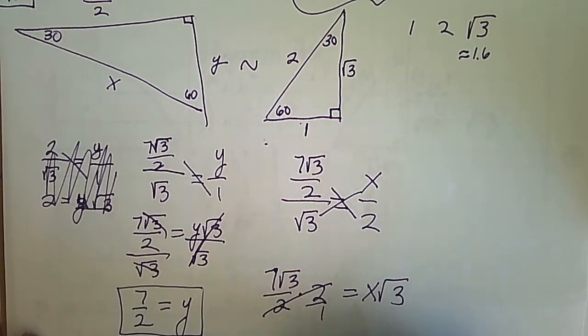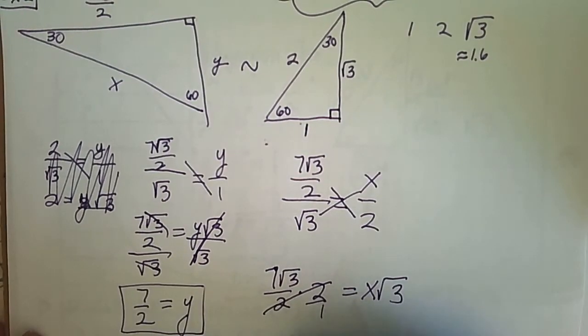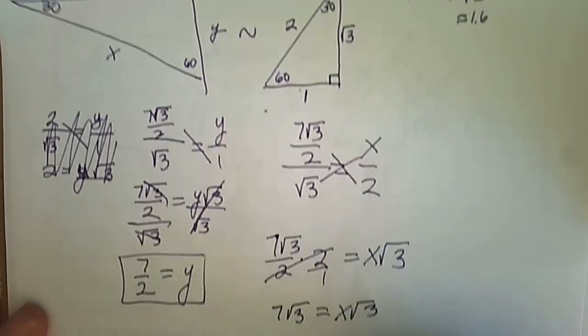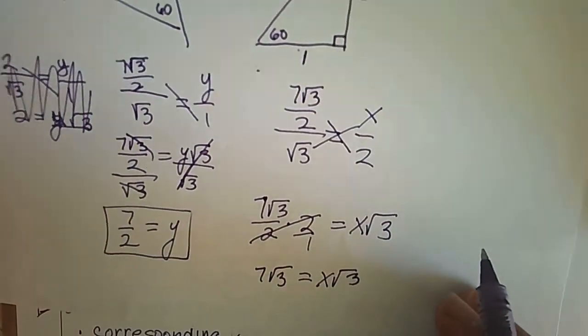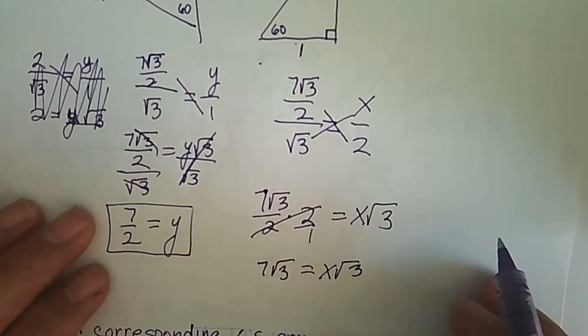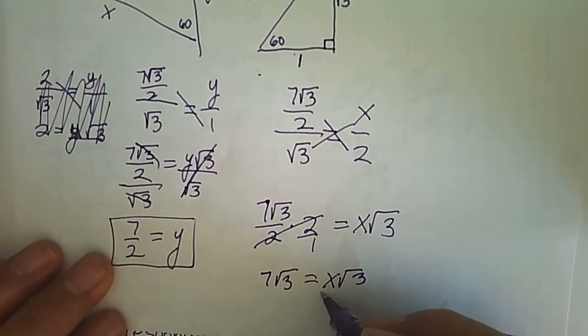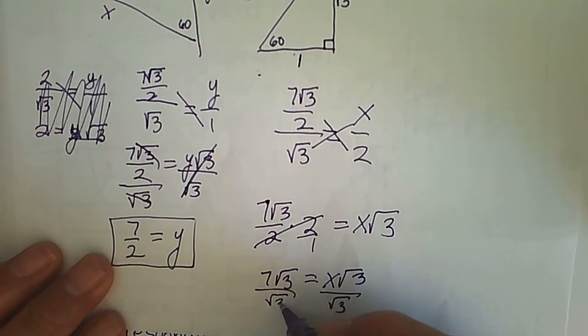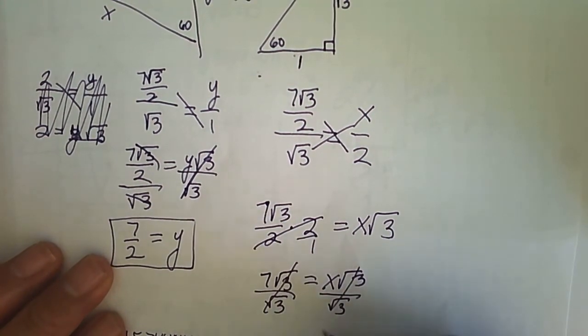These will cancel, so the answer will be 7 radical 3 is equal to x radical 3. Okay, get the x by itself. So you're going to divide by radical 3. This cancels, the answer is 7 is equal to x. And that's how you get the answer.